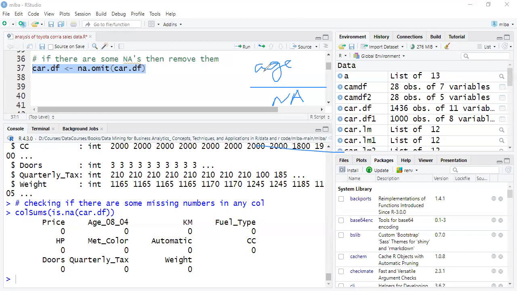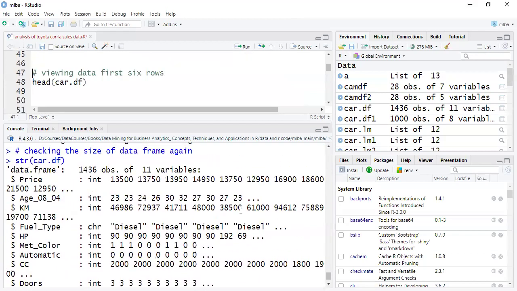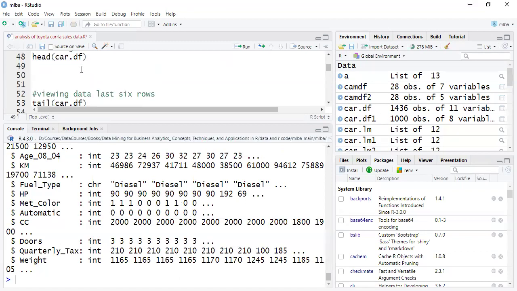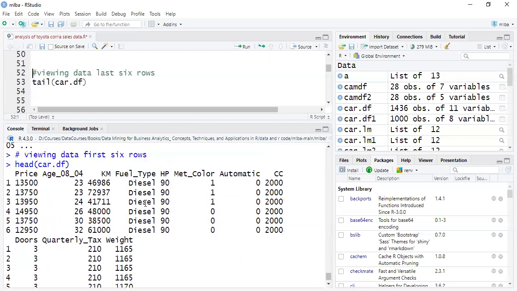Now coming to the next command, again I am checking the structure: 11 variables and 1436 observations. And now we have to see the data. There are two commands. One command is the head command, the other is the tail command. The head command will show you the first 6 rows of your data set.